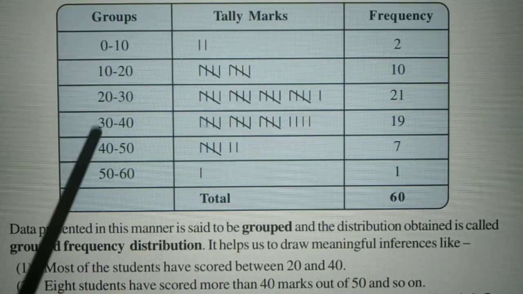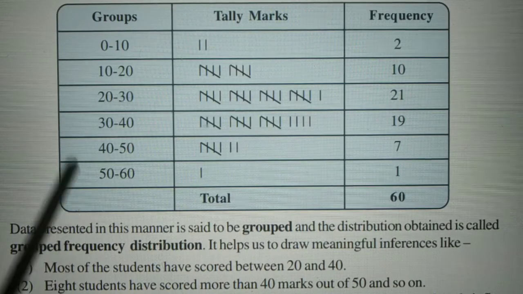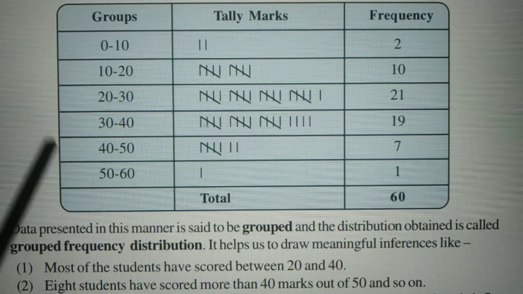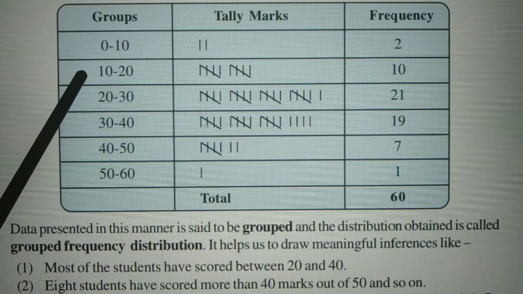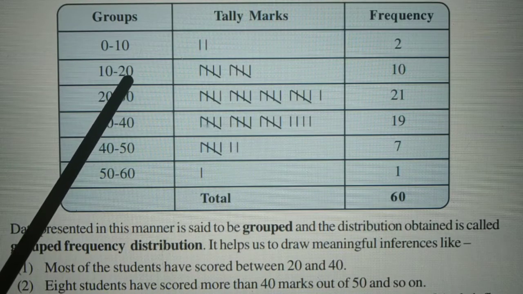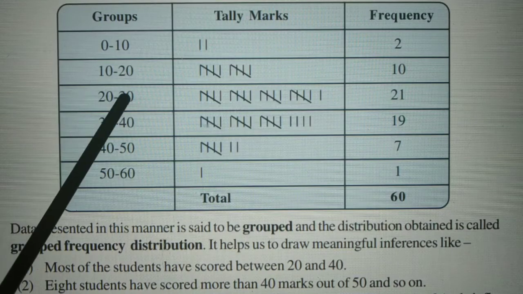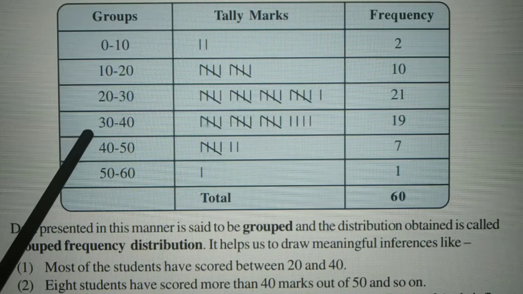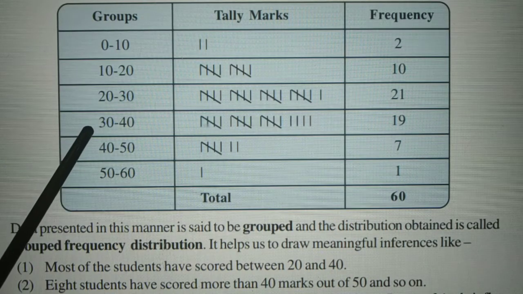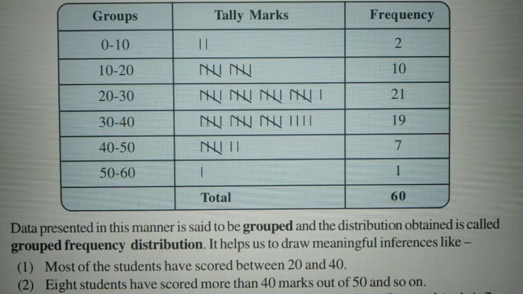This is called the range or the width of the interval, and it must be equal. That is the difference between the limits. This is called the first limit and this is called the last limit, or we can say lower limit and upper limit. Here in 30 to 40, 30 is the lower limit and 40 is the upper limit.